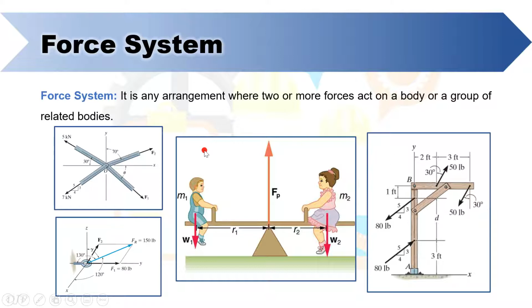So later on in our advanced topics, we'll be dealing with force systems and also their equilibrium. So for now, this is just for visual purposes on how a force system looks like during analysis.